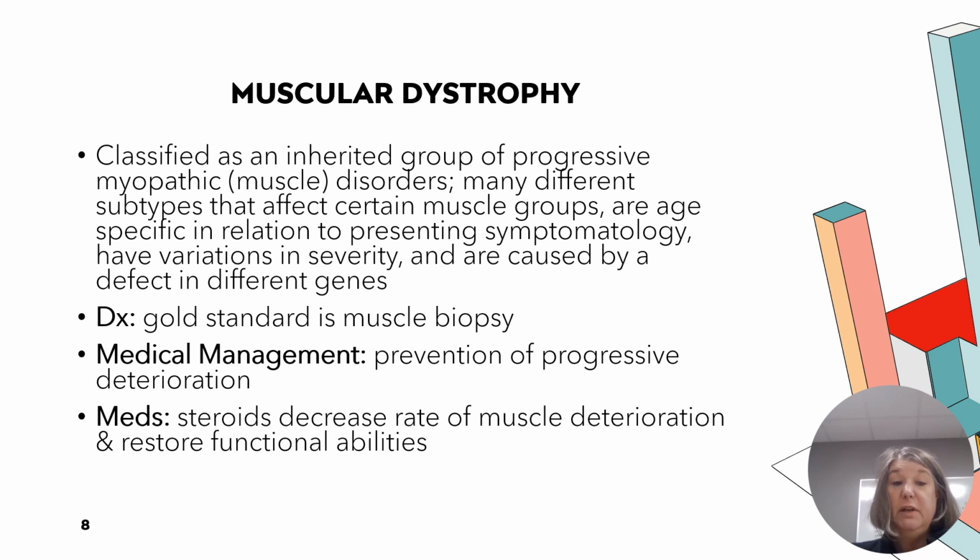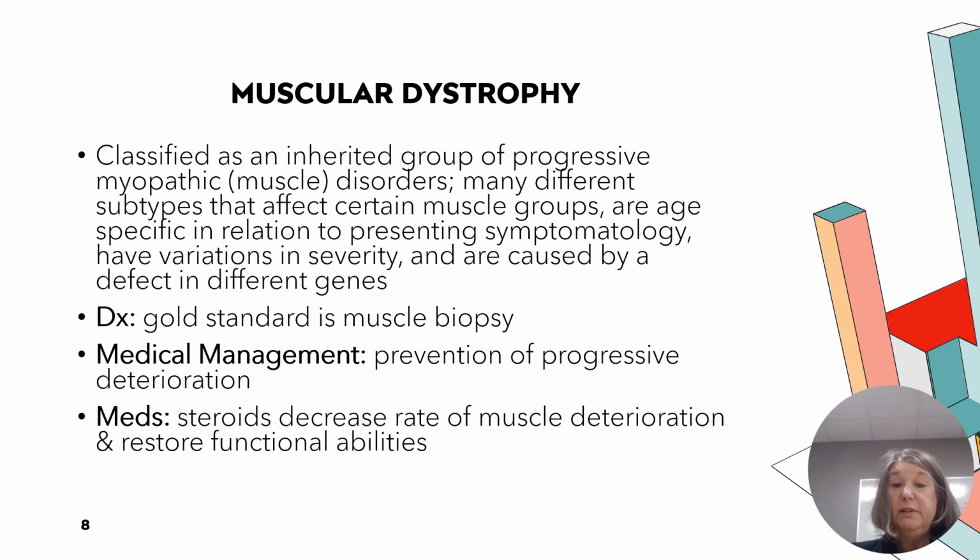The type of MD and its severity are partially determined by age at onset. Some people with MD have rapidly progressive muscle weakness and wasting and can die young, like in their 20s. Others experience mild, slowly progressing symptoms and have a normal lifespan. There are 9 subgroups of MDs. You do not have to memorize all of them.